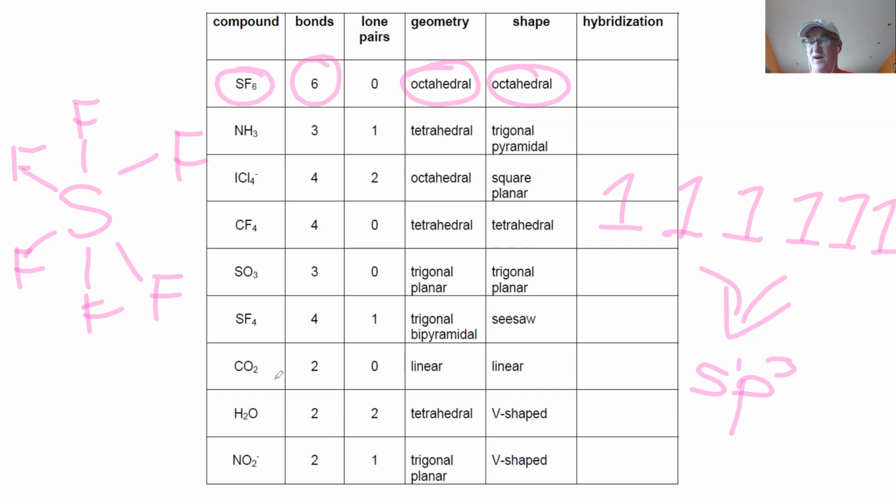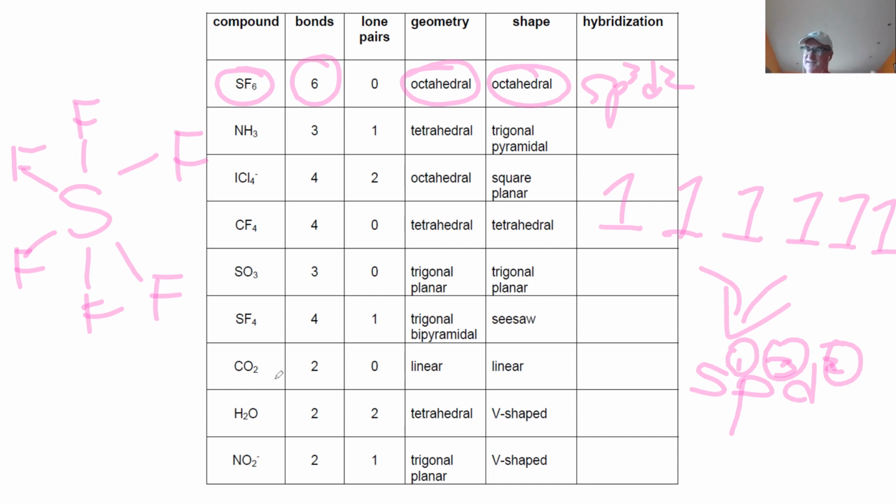Well, we're going to need 2 more. So once you get past P, where do you go? D. And how many D orbitals are you going to need? Just 2 more. That's right. You just add them together. 1 plus 3 plus 2. sp3d2.